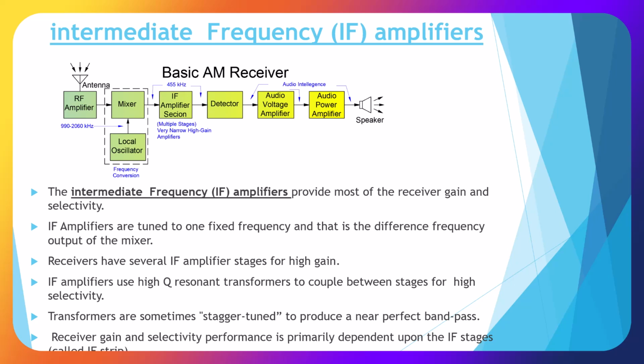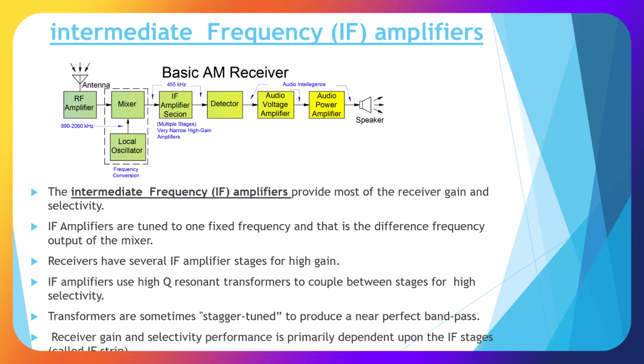Intermediate frequency or IF amplifiers. Right in here, the intermediate frequency amplifier provides most of the receiver gain and selectivity. The IF amplifier is tuned to one fixed frequency, and that is the difference frequency output of the mixer. Receivers have several IF amp stages for high gain.